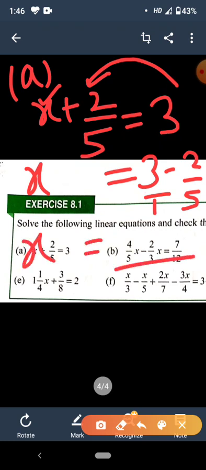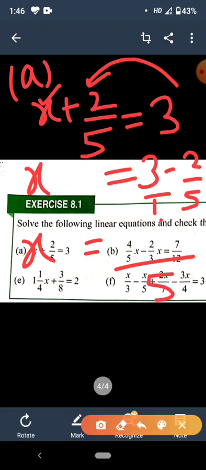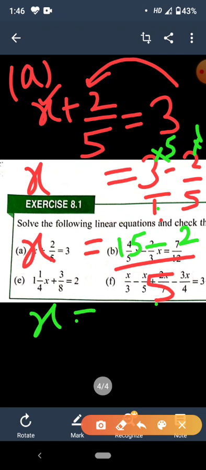Now take the LCM. The LCM of 1 and 5 will be 5. Now you divide 5 by 1, it will be 5. So here it will become 15, and when you divide 5 by 5 it is 1, multiply 2 with 1. These are the operations on rational numbers, which is your first chapter. So it is 13 by 5.